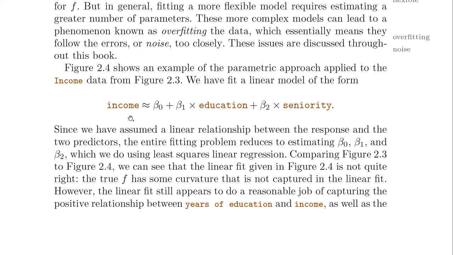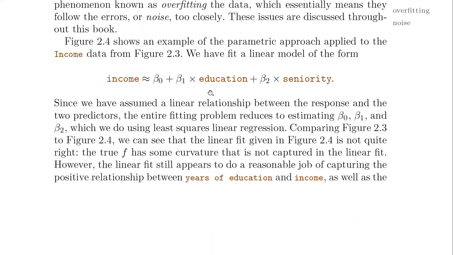On average, you would expect, given a certain education and a certain seniority, that your income may be modeled based on these three parameters. Since we have assumed a linear relationship between the response and the two predictors, the entire fitting problem reduces to estimating these three parameters, and we may use least squares linear regression.